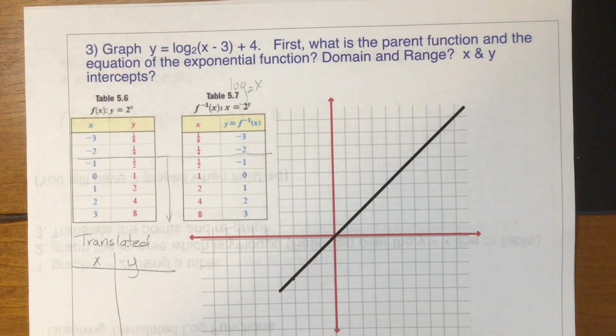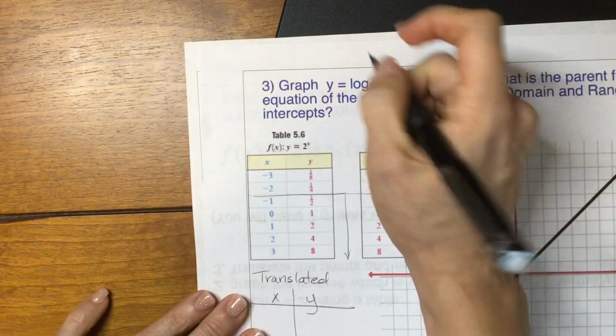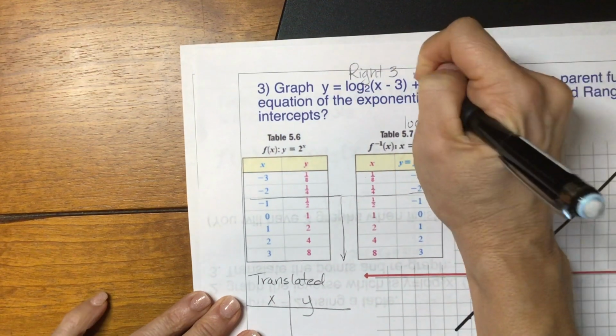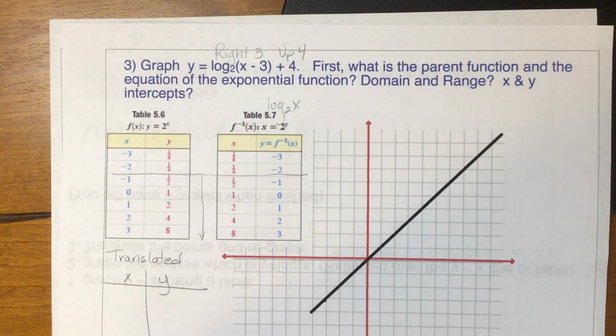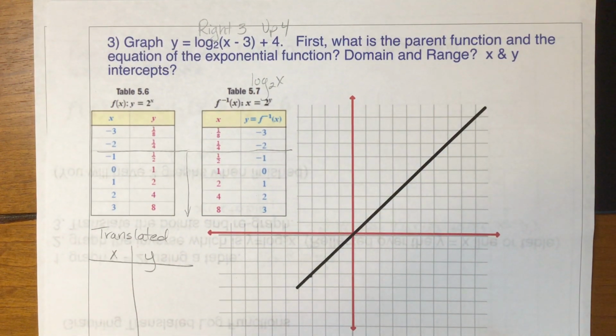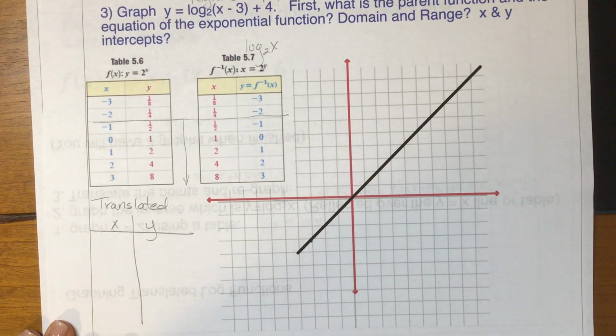So let's look at the function we're going to graph. First, we want to know what are our translations. So our translations for this are going to be right 3, up 4. And so when I'm making my new table, that right 3 only affects my x values.